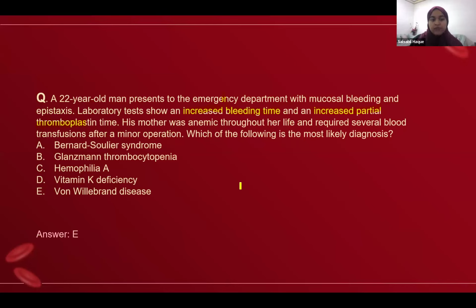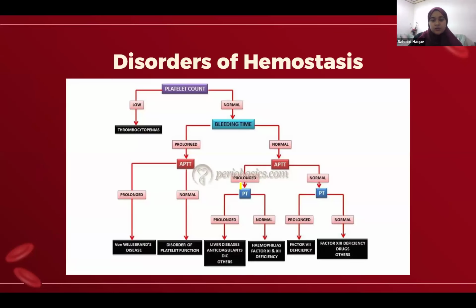It is E, von Willebrand disease. So let's go over this. This will make your life so much easier if we just know when to include what disease. First, if the platelet count is normal, then it can be a lot of diseases. But if the platelet count is low, we will think of thrombocytopenias, right? Let's say the platelet count is normal, but the bleeding time is prolonged.